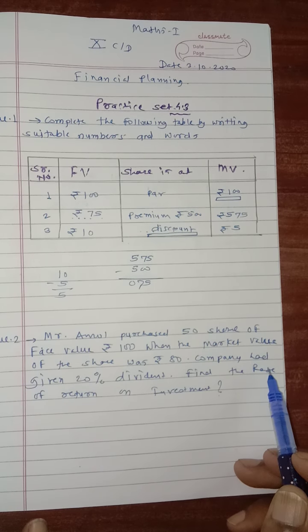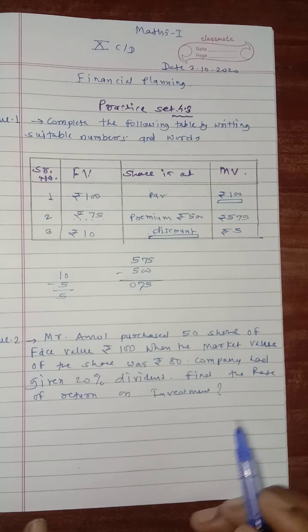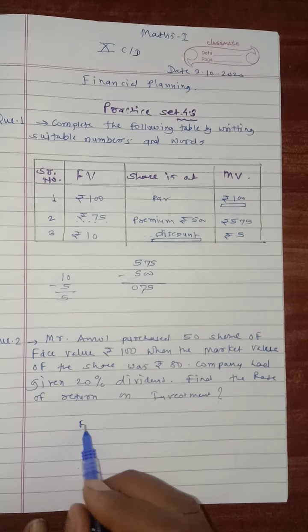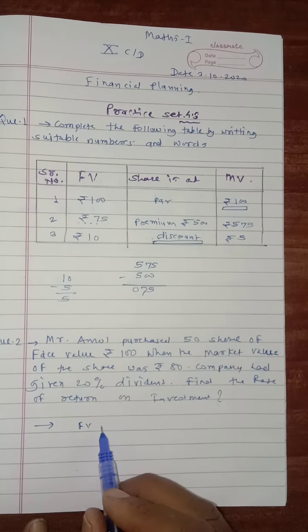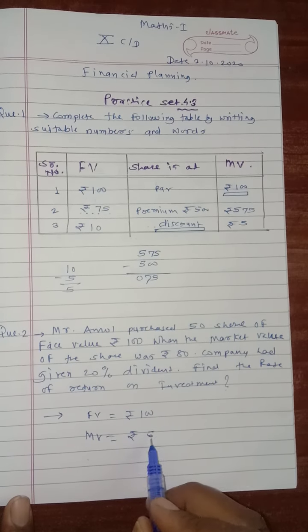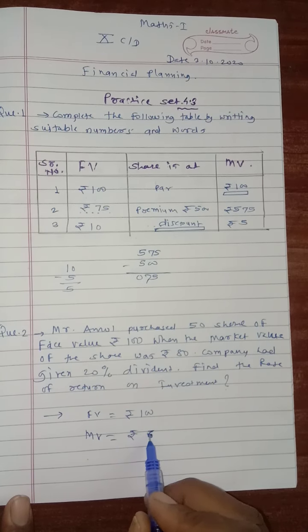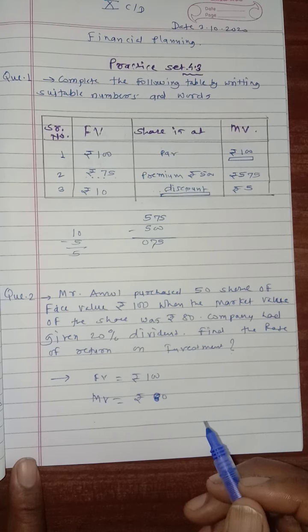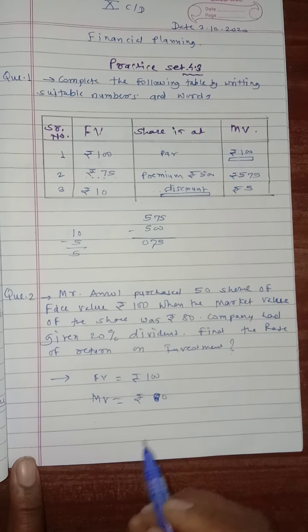Find the rate of return on this investment. Face value is rupees 100. Market value is rupees 80. The investment per share is rupees 80 for getting one share of face value 100.